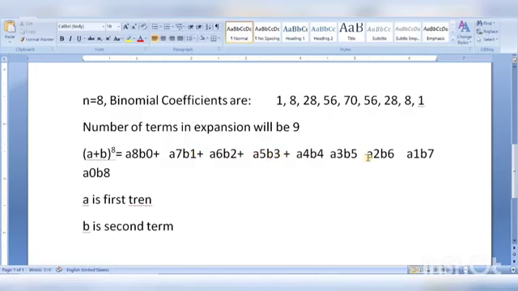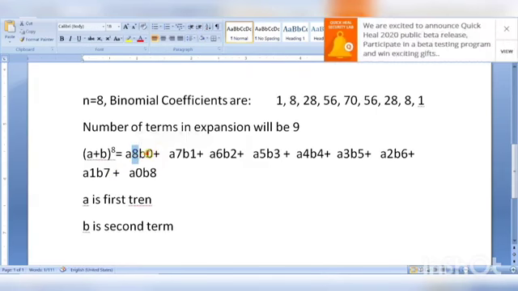When there is a minus sign in the bracket, then we have alternate positive and negative signs. Okay, so I have given signs here. Now let me first write this in powers, then you will be able to read it properly.